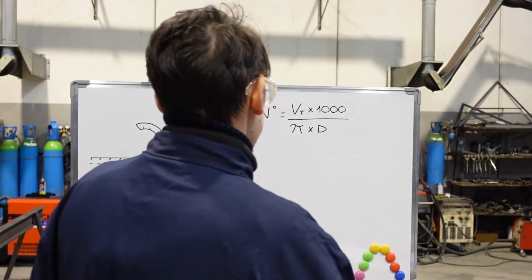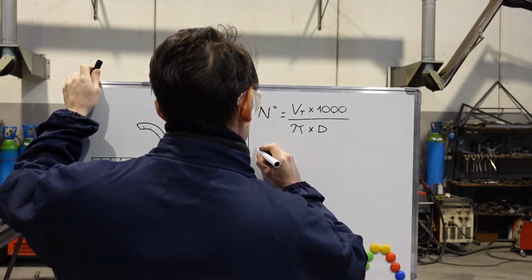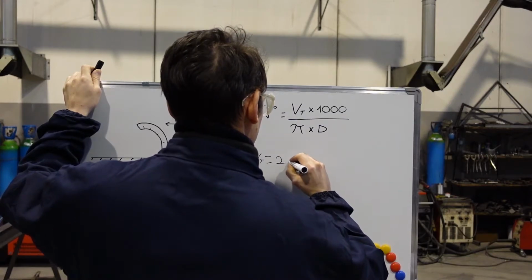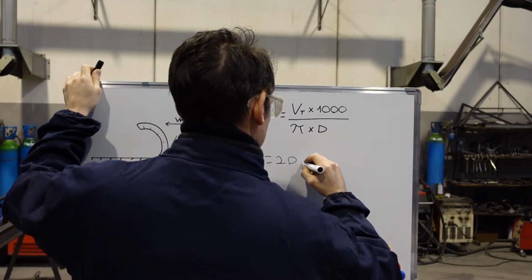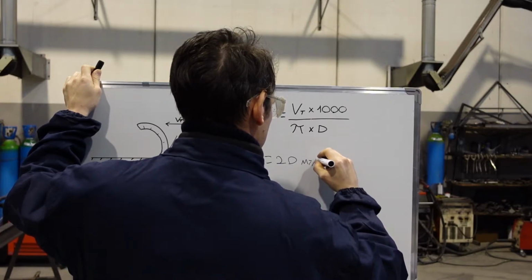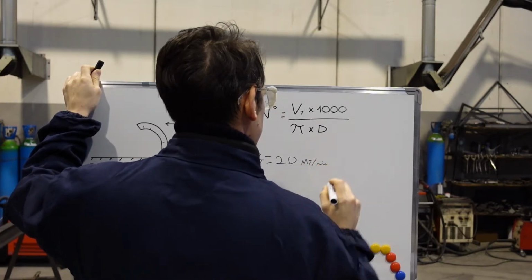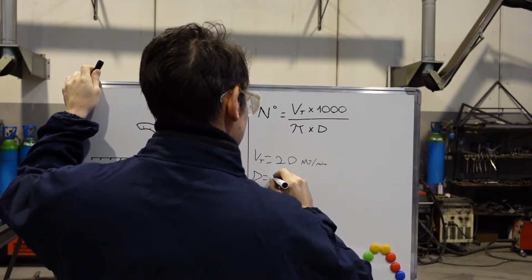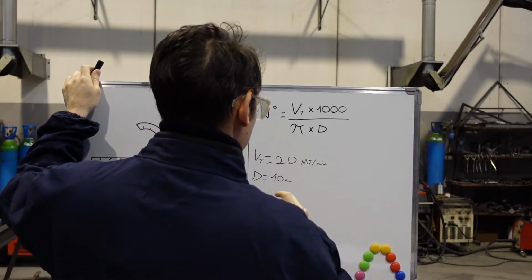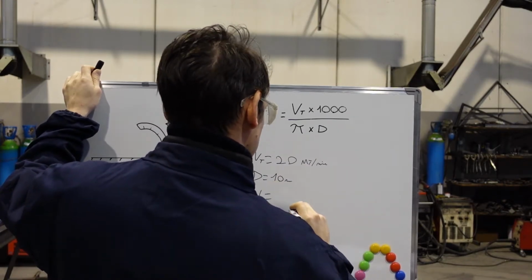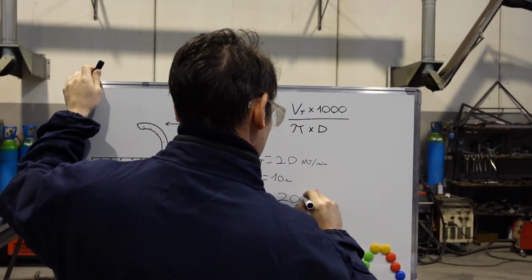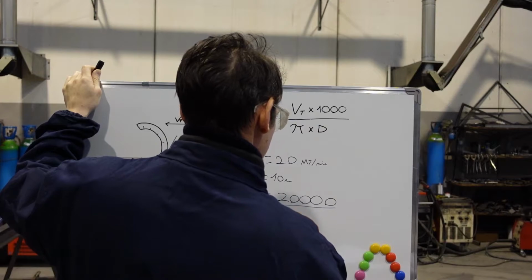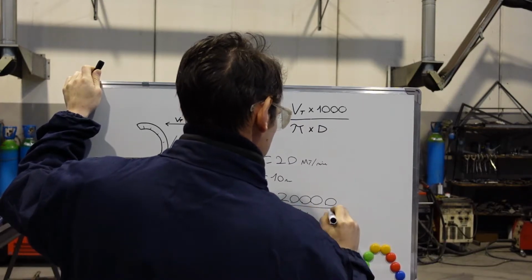If we have a cutting speed of 20 meters per minute and a drill of 10 millimeters, we get 20,000 divided by 31.4.